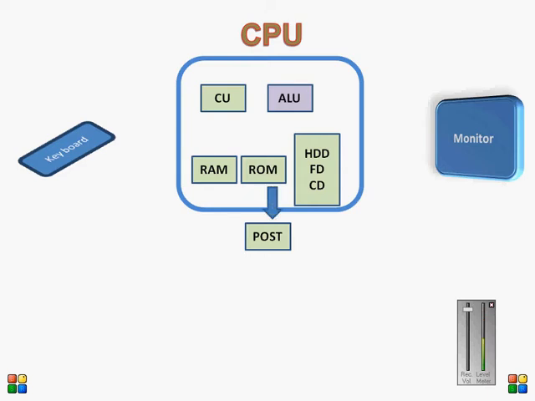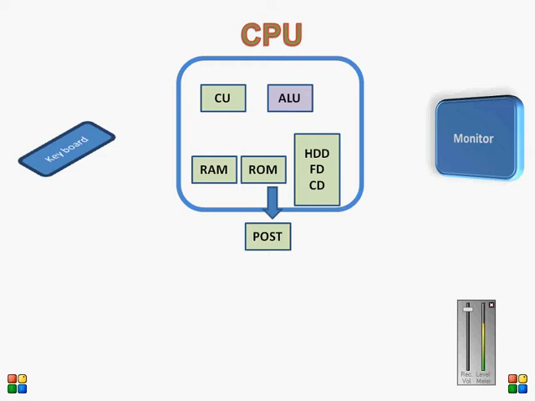When the system is on, first the power supply will be invoked to ROM, which will in turn trigger the POST method. We will see what exactly the POST method is in detail in the next slides.